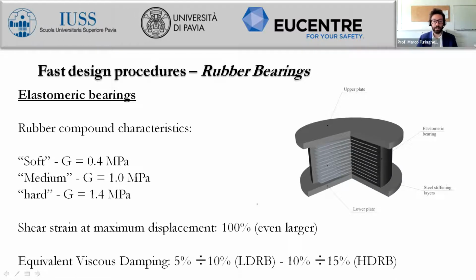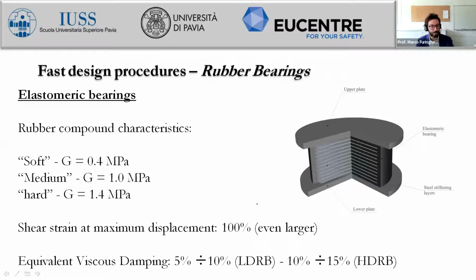We can have different rubber compounds characteristics, which are represented directly through the value of shear modulus. We have soft, medium, and hard compounds with increasing value of shear modulus from 0.4 to 0.8, 1.0 for the medium, and then the maximum value, which is 1.4, 1.5 megapascals.